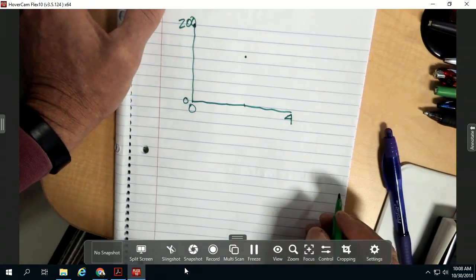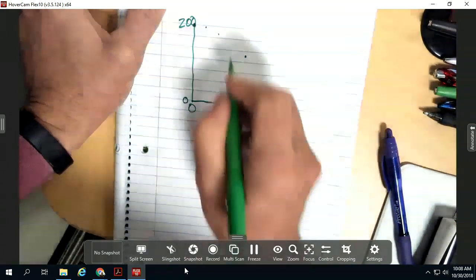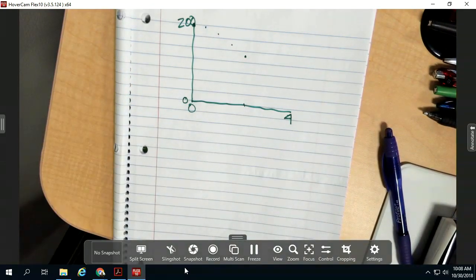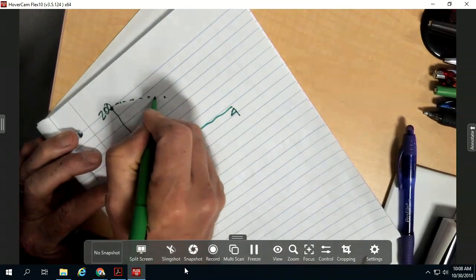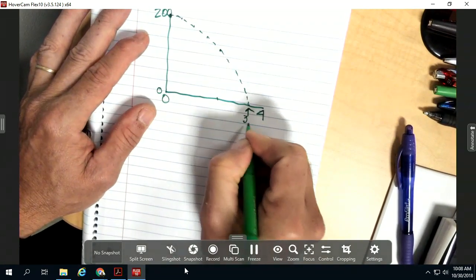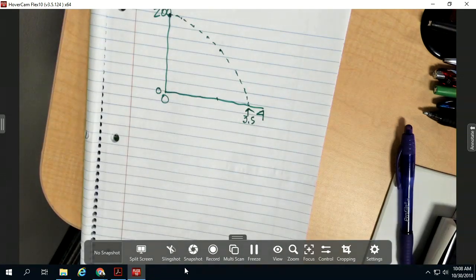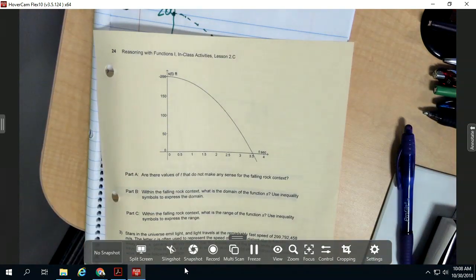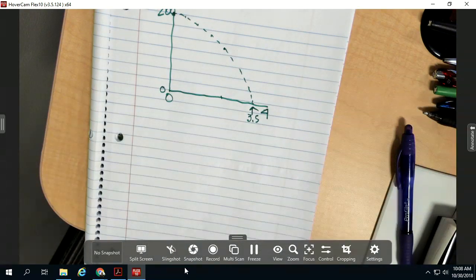At 1 second, it was at 184. At a half a second, it was 196. So it looks kind of like that, right? If we connect the dots, we know that it's going to land here someplace out at about 3.5 seconds. If you look back, we had that graph recently, right here, right? Okay. B.